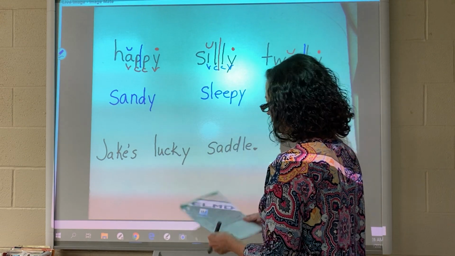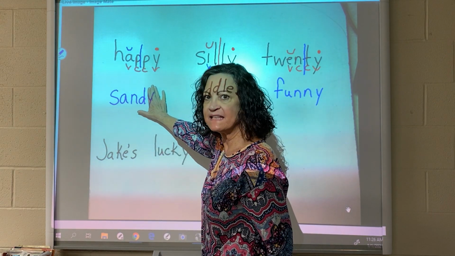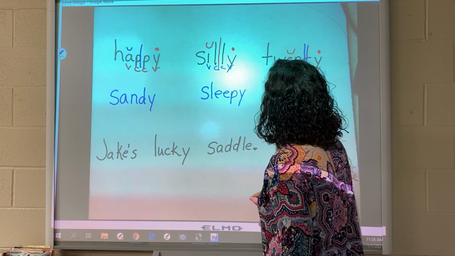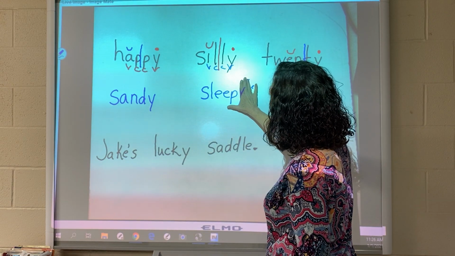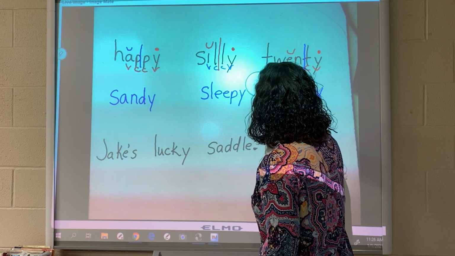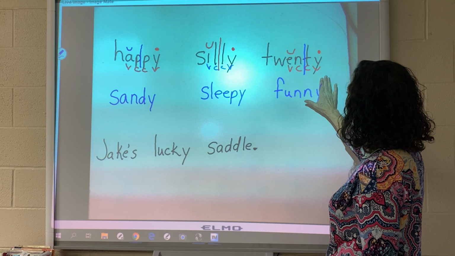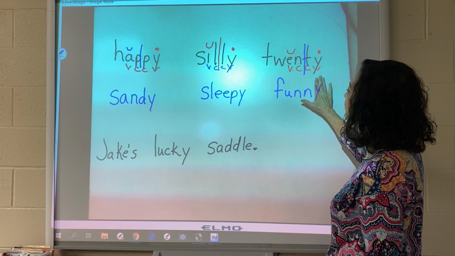They have a root word. If I take that Y away, the root word is sand. If I take this Y away, that root word is sleep. Okay? If I take this Y away, the root word is fun.